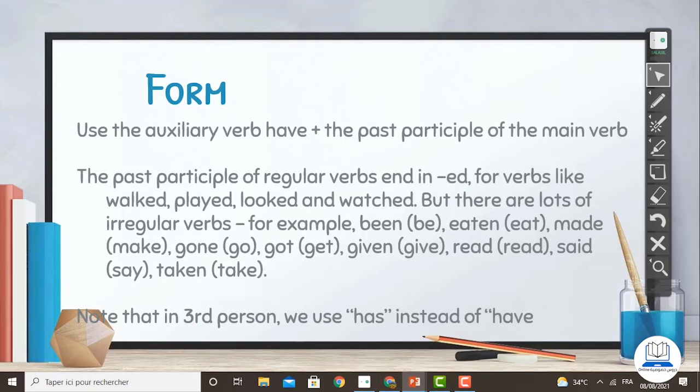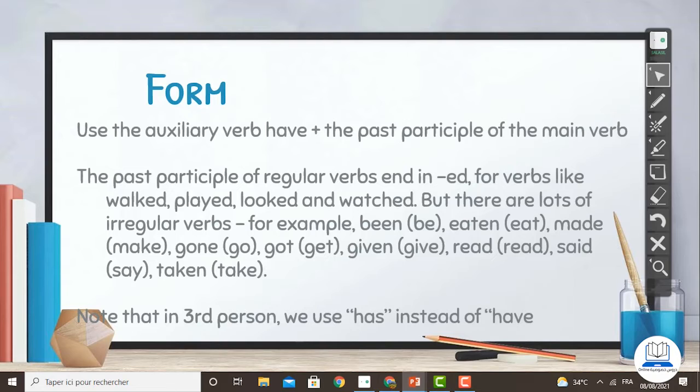But there are lots of irregular verbs. For example, be is been, eat, eaten, make, made, go, gone, get, got, give, given, read, read, say, said, take, taken.